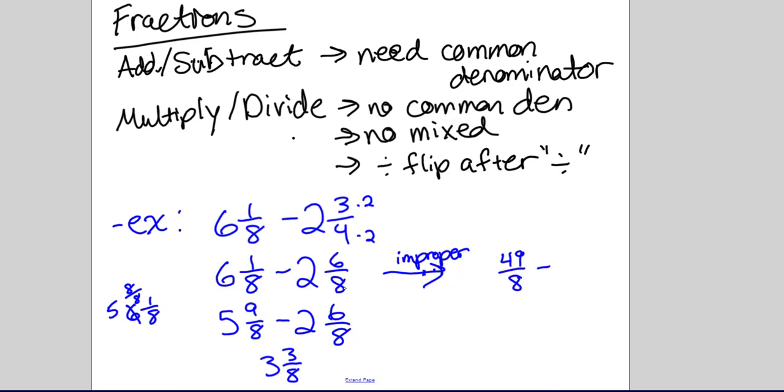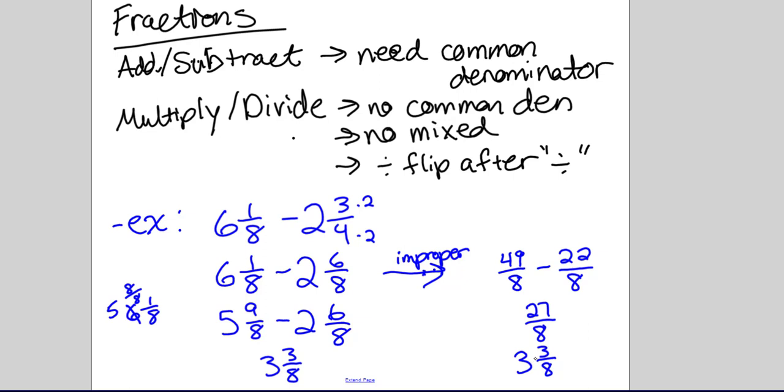Minus the other one, 8 times 2, 16, plus 6 is 22/8. So now I would do 49 minus 22, which is 27. Now to change 27/8 back to a mixed fraction, just to make it make a little more sense, I have to think, okay, 8 goes into 24 3 full times, because 8 times 3 is 24, and then I have 3 more to get up to 27.